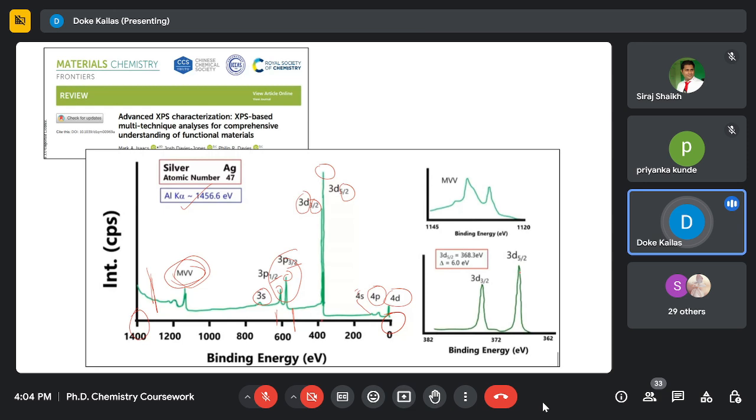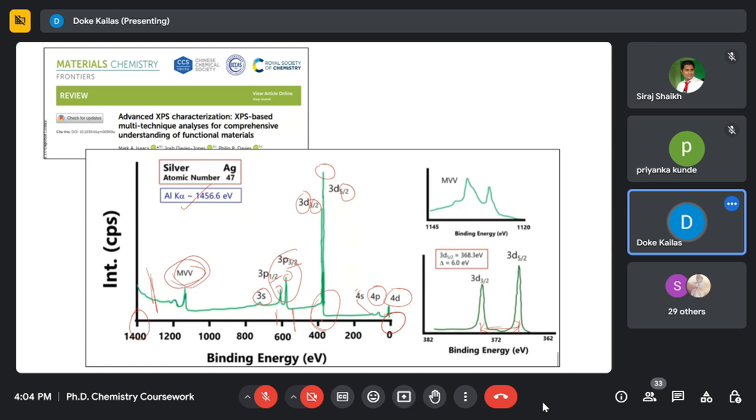So we can easily analyze the binding energy difference between these two peaks, and that difference comes to 6 electron volts. 368.3 is the 3D 5/2 binding energy, plus 6 electron volts is the binding energy for 3D 3/2.